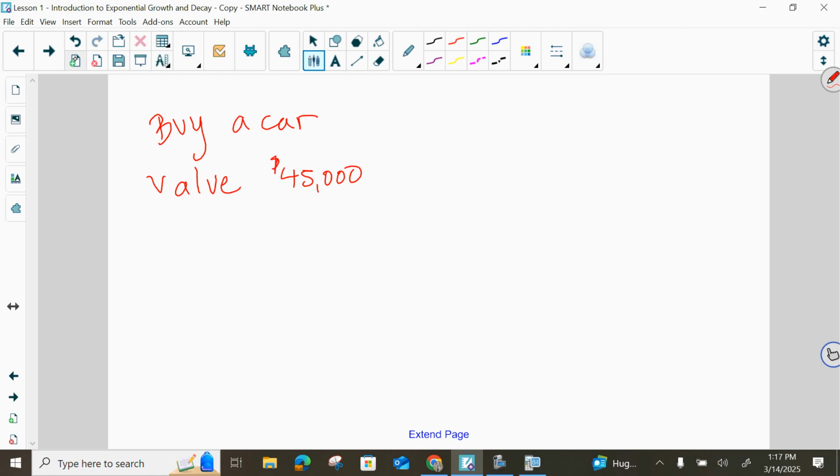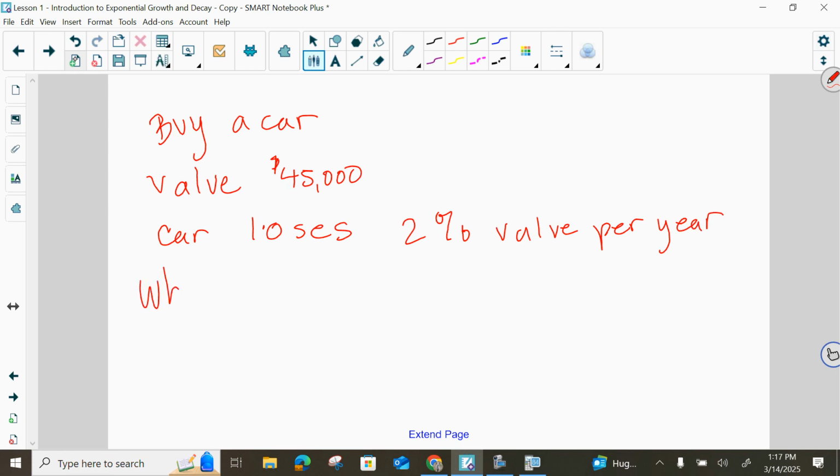Let's say the car loses 2% of value per year. What is the value after 5 years? Right? What's the value after 5 years?